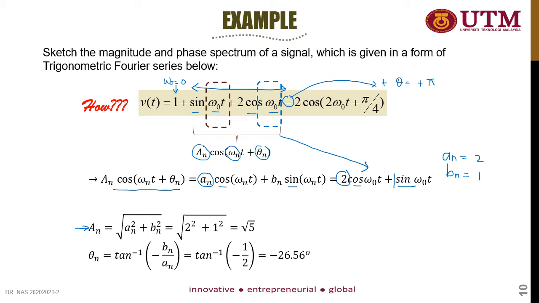So this is 2 squared plus 1 squared, so you get An equal to square root of 5. While theta n equals inverse tangent of negative bn divided by an, so inverse tangent of negative 1 over 2, you get theta n equal to negative 26.56 degrees.